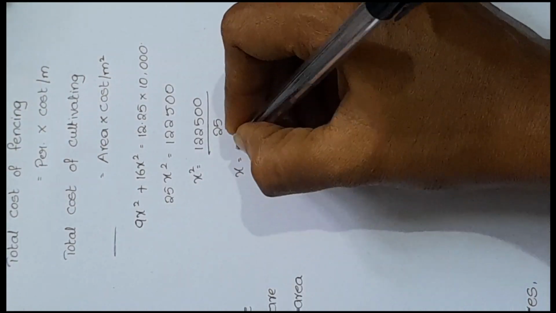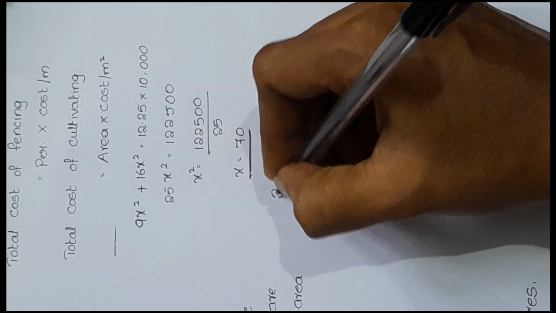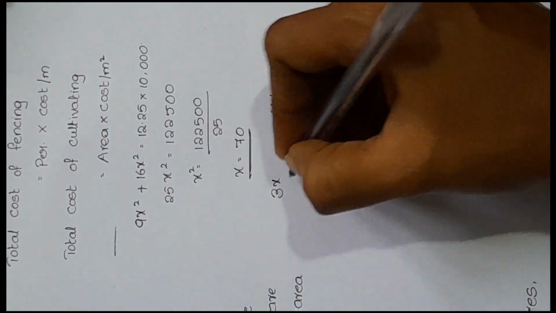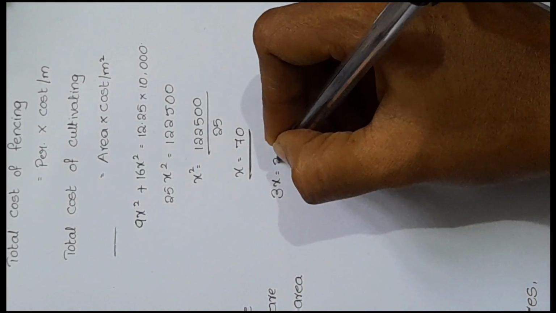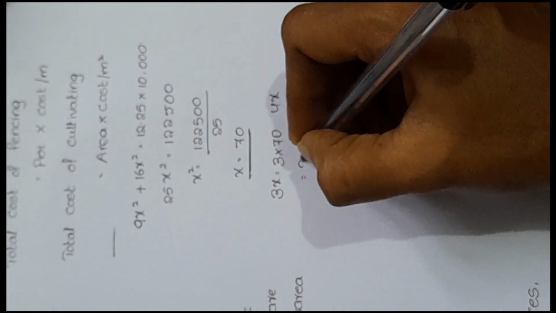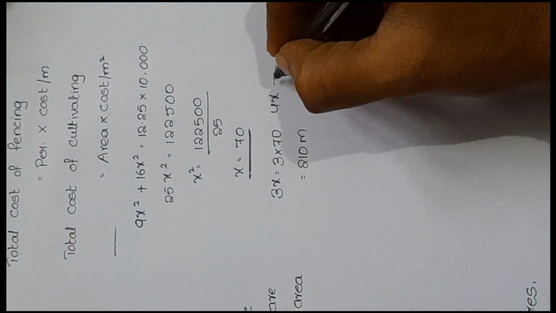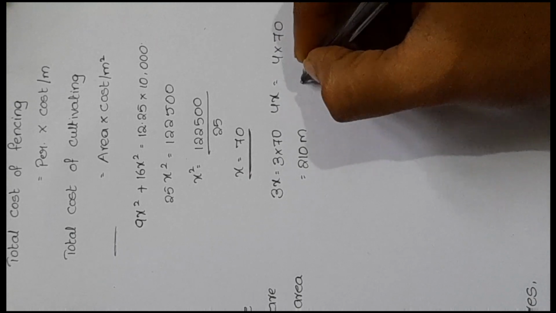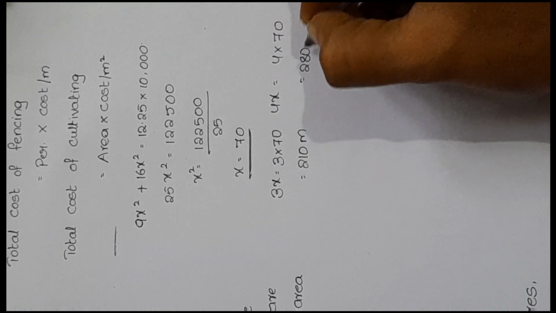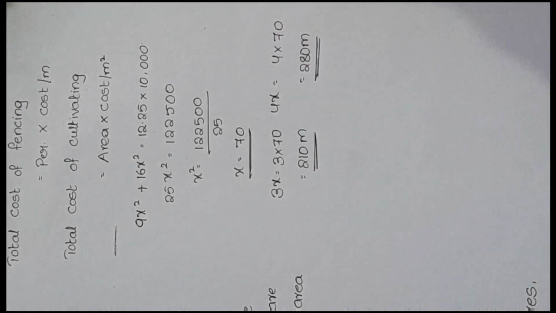So from this we get x as 70. Now to find each side of the squares, 3x is equal to 3 into 70, which is equal to 210 meters, and 4x is equal to 4 into 70, which is equal to 280 meters.